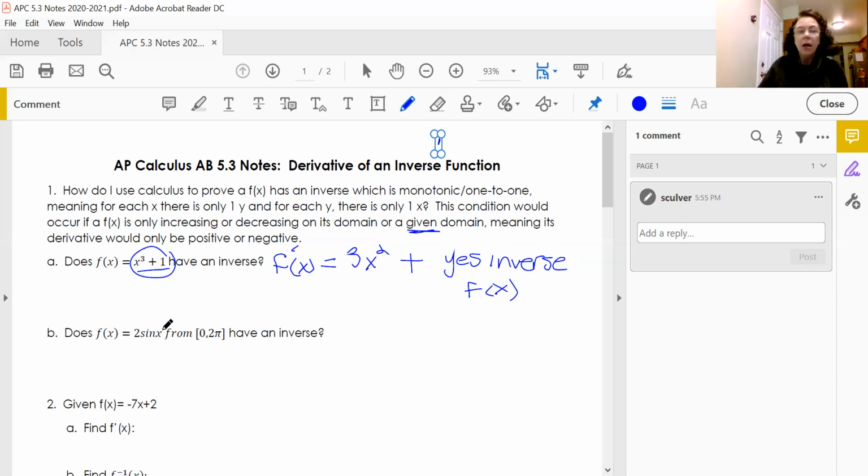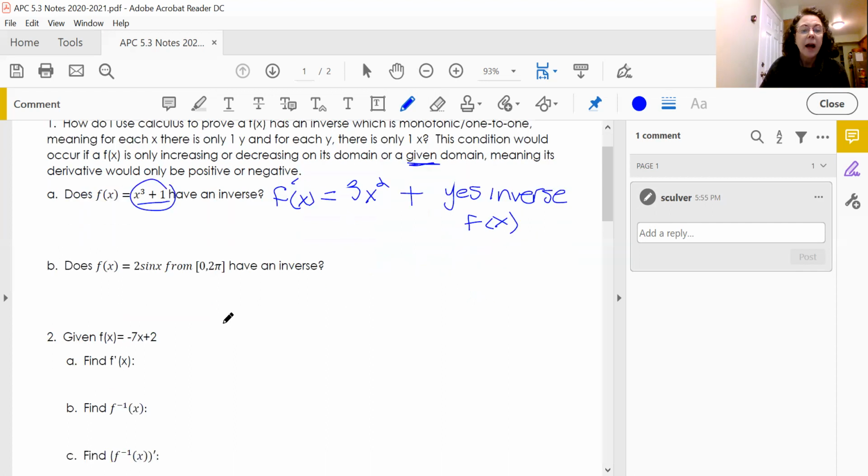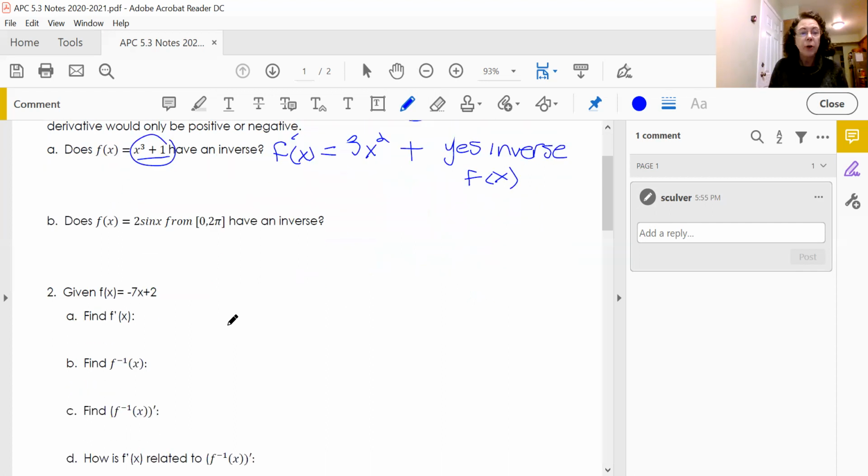Okay, let's look at B. Does f of x equal 2 sine of x from 0 to 2 pi have an inverse? Well, if you graphed 2 sine of x from 0 to 2 pi, you would see it doesn't pass a horizontal line test. Let's use calculus to show that that is true. So let's take the derivative, and that would be 2 cosine of x. And notice from 0 to 2 pi, in the first quadrant, cosine is positive.